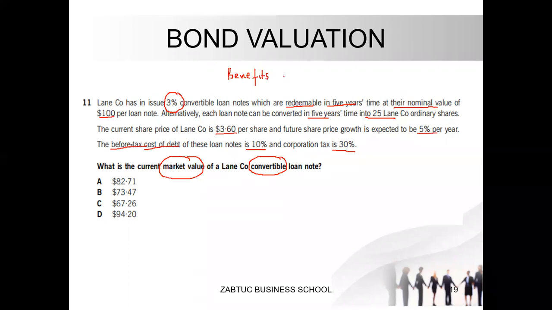Every year, we have got 3% on $100, so that's $3 per annum for 5 years. Then at the end, there are two things. Either you get the redemption amount of 100 or you get the conversion value. So which one is higher?